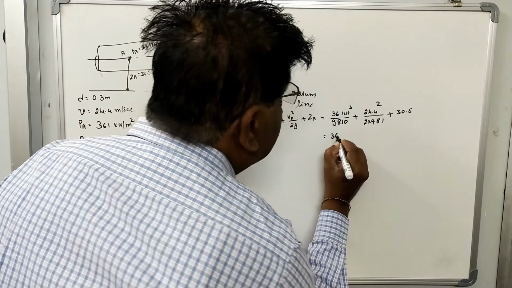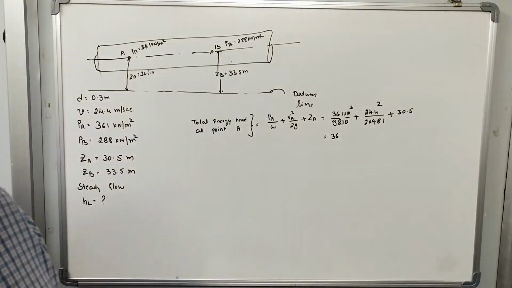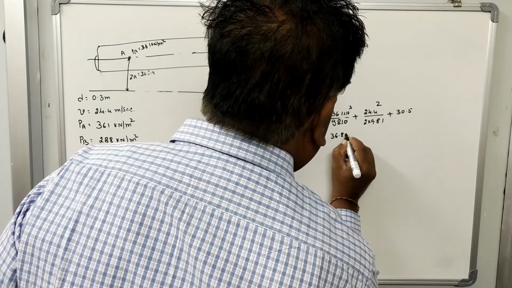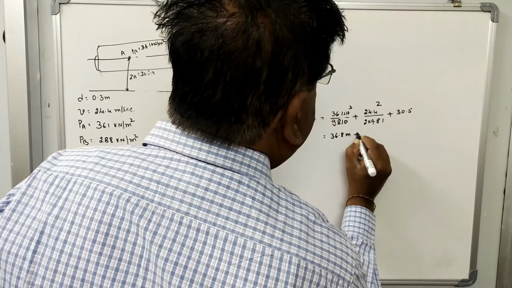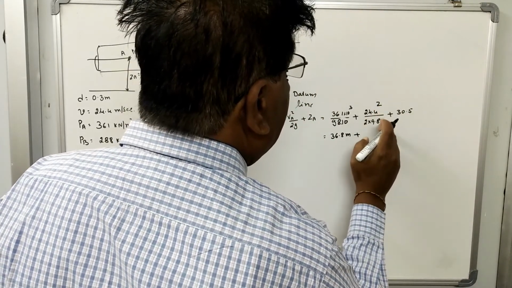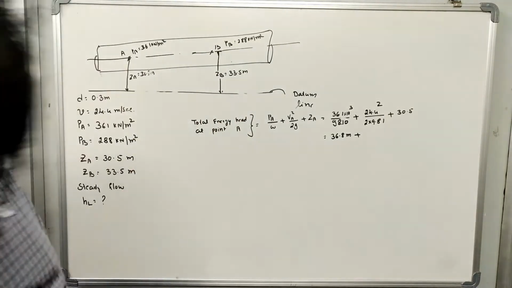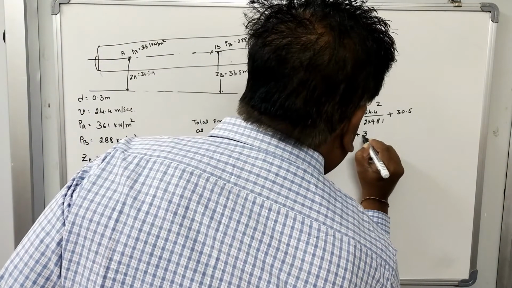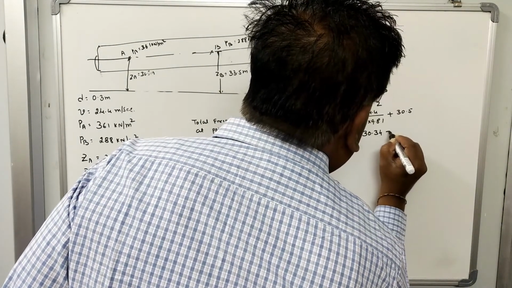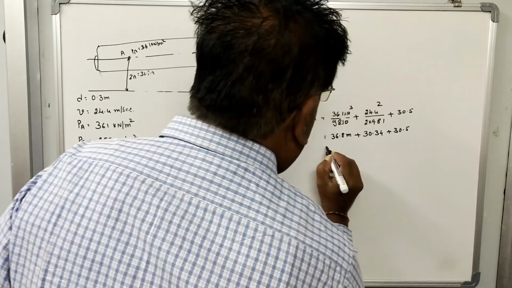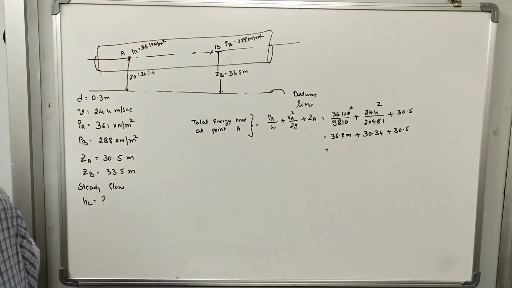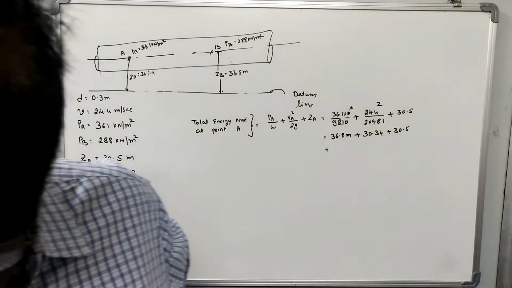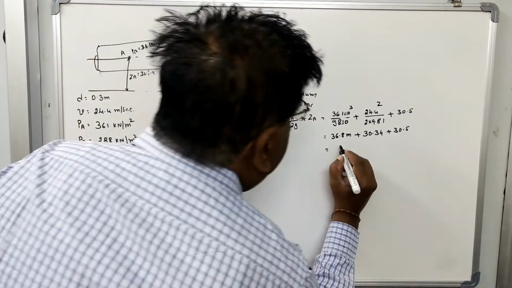The pressure head you are getting is 36.8 meter, plus this VA square divided by 2G, which you are getting as 30.34 meter, plus 30.5 meter. So the energy head at point A, you are getting, is 97.64 meter.